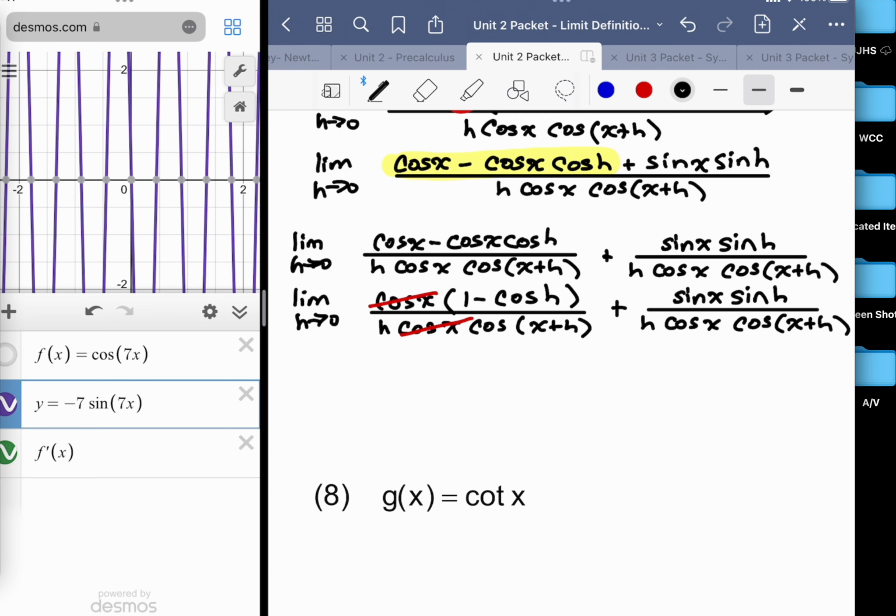So here I'm going to split up this fraction because I see that I have a 1 minus cosine h over h, which is good. I'd like to have that. That's a rule. So I'm going to pull that out and make that a factor, with the other factor being whatever's left, 1 over cosine x plus h.